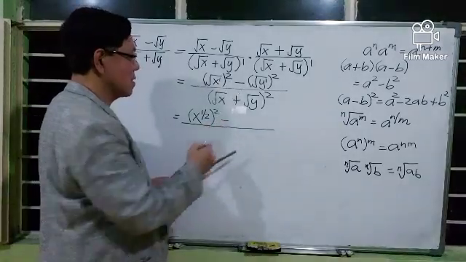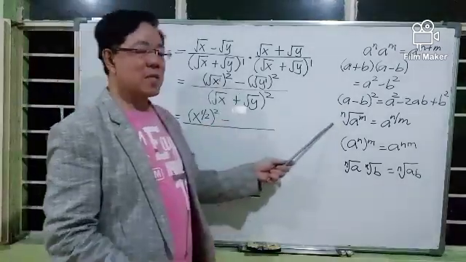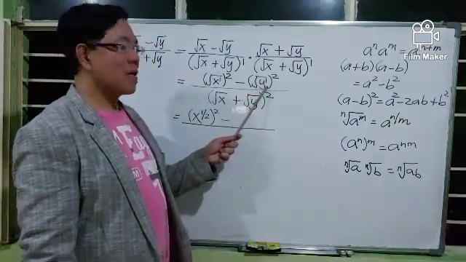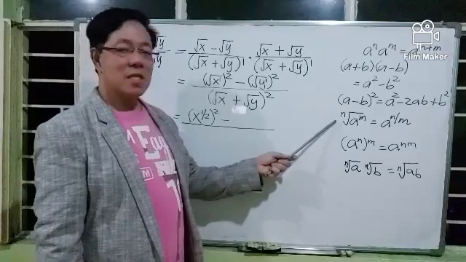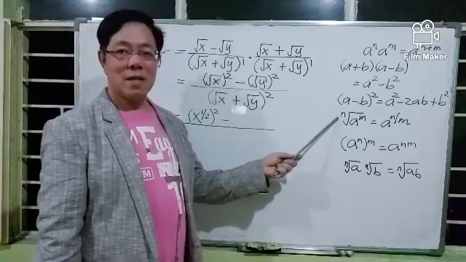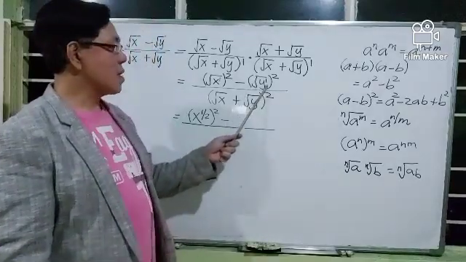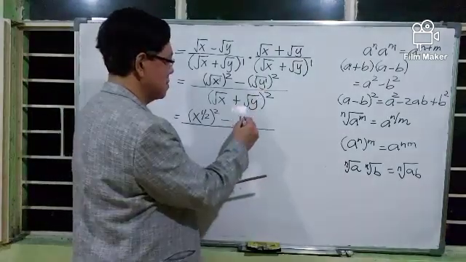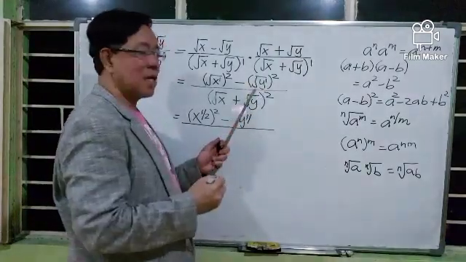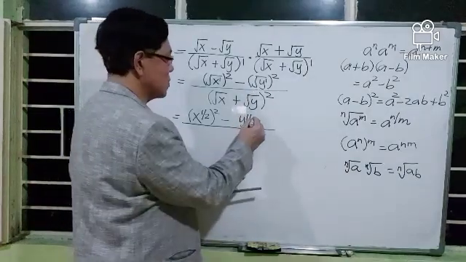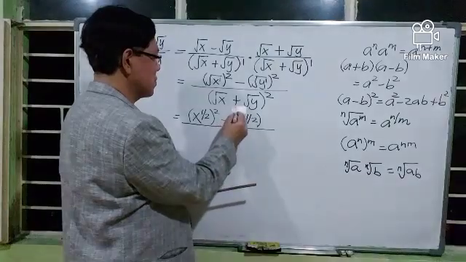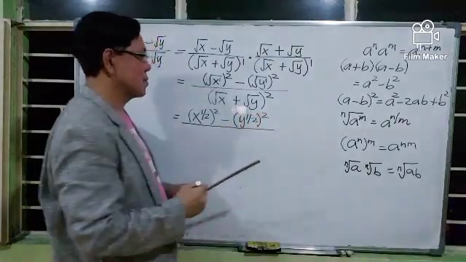Minus, again we apply this property of radical to square root of y raised to 1, which is equal to y raised to 1 divided by the index of the radical sign, 2, raised to the power 2.